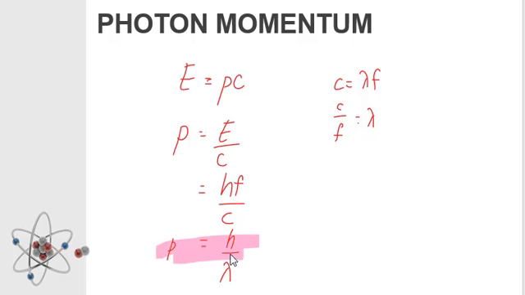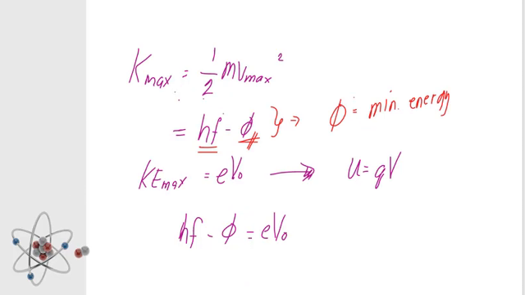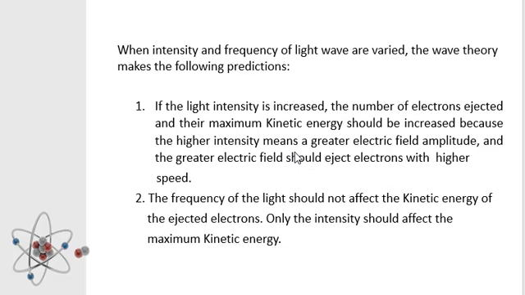So this one is the momentum of the photon. This is the energy of the photon. And this is the maximum kinetic energy that the electron can have.